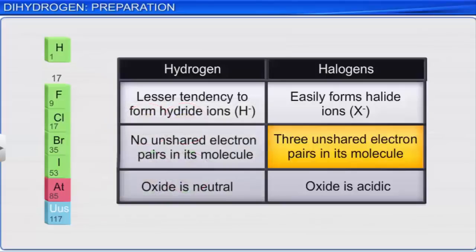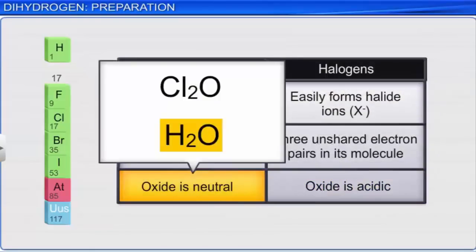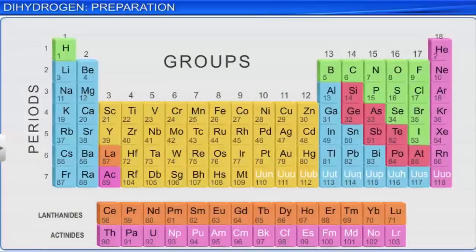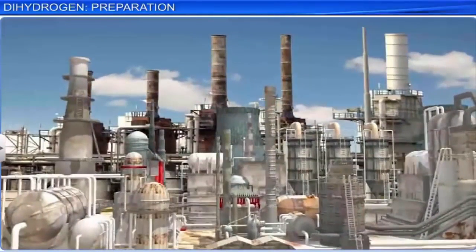The oxides of halogens, such as chlorine oxide, are acidic in nature, whereas hydrogen oxide or H2O is neutral. Because of this unique behavior of hydrogen, it is placed separately in the periodic table. This uniqueness of hydrogen makes it an industrially important element.